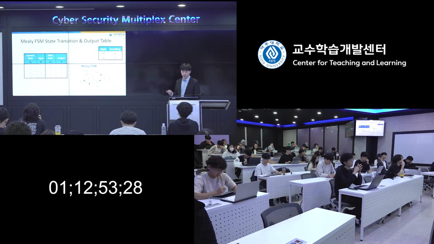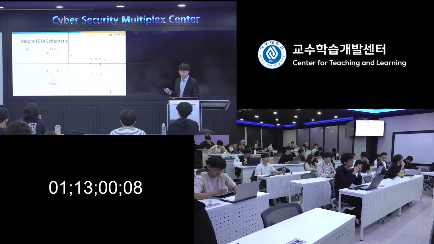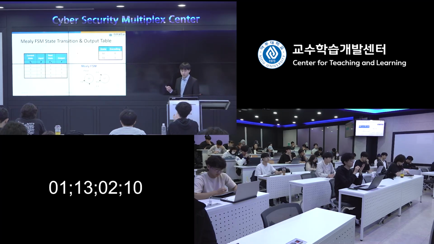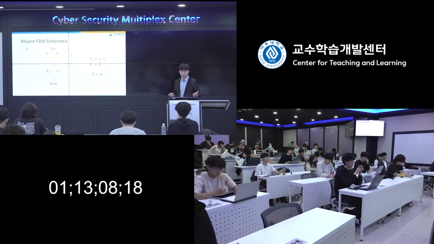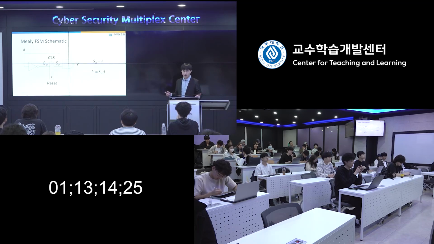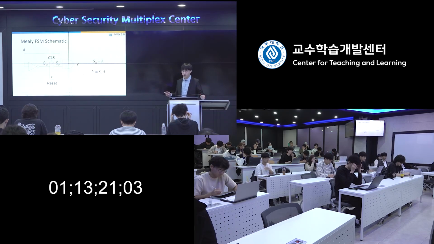So in this way, we built the state transition and output table together. Once we have this table, we can write down the Boolean equation. This is the schematic from the Boolean equation we have built. This is the Mealy FSM schematic from the table we just built.